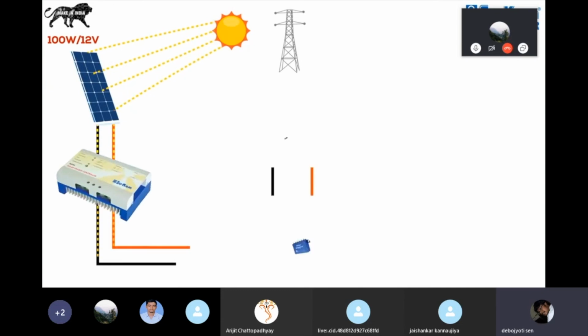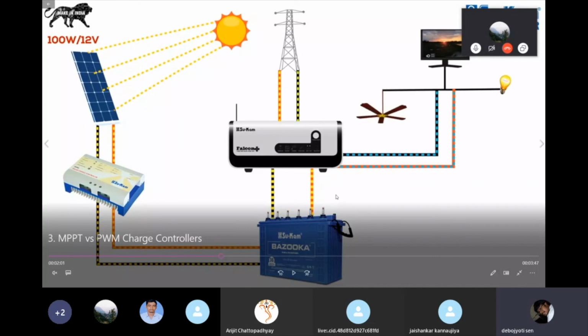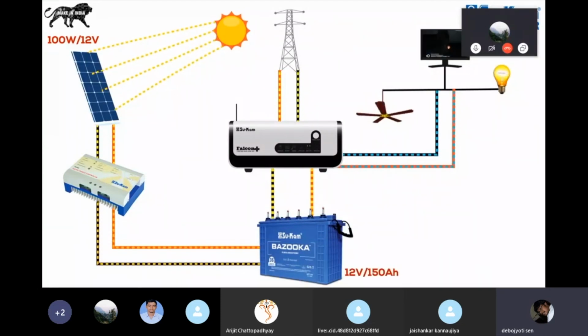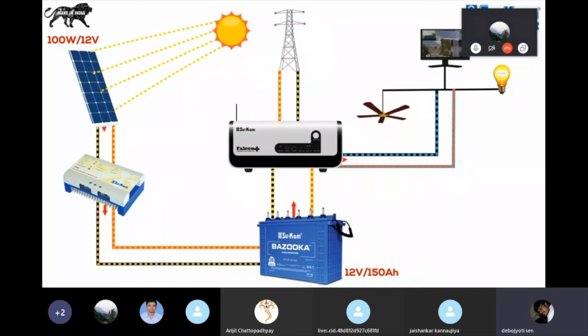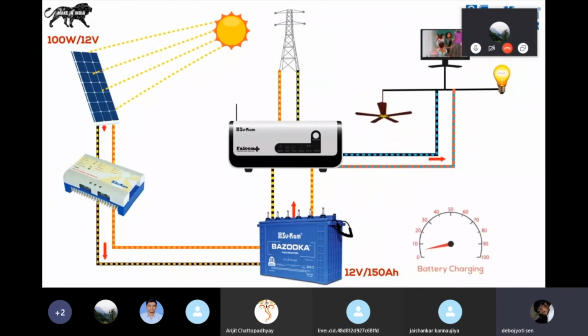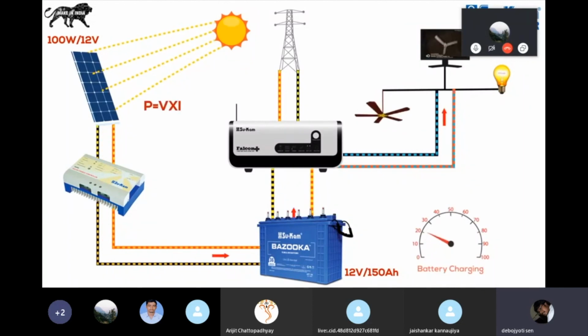Similarly, we are seeing an example. We are using a PWM with a 100 watt 12 volt panel, a 12 volt battery, and a PWM charge controller for a hybrid system. Let's see. It's a 150 ampere hour 12 volt battery. Whenever generation starts from the panel, it is charging, and you can see the battery charging time increasing as the day progresses.